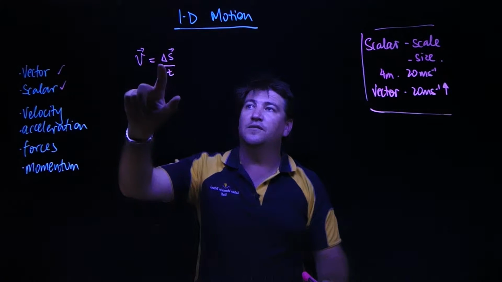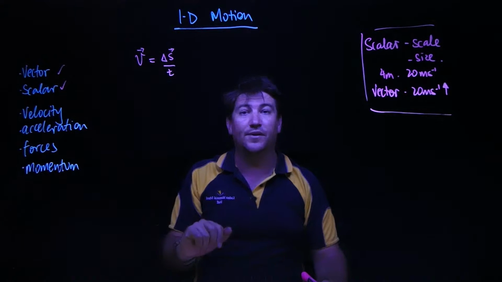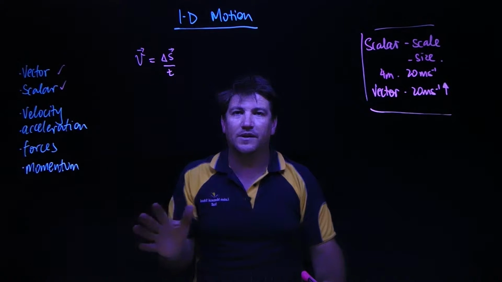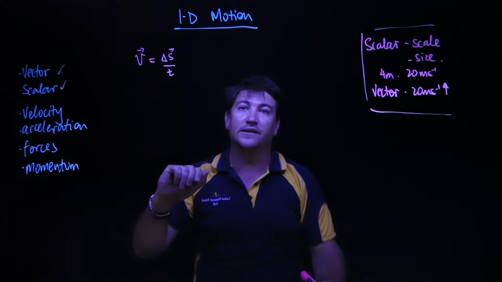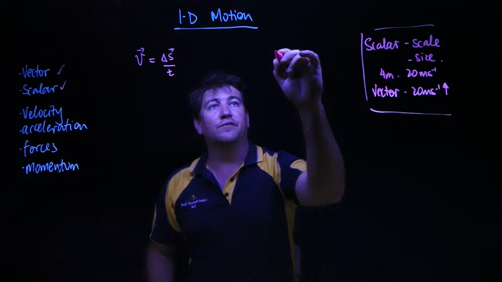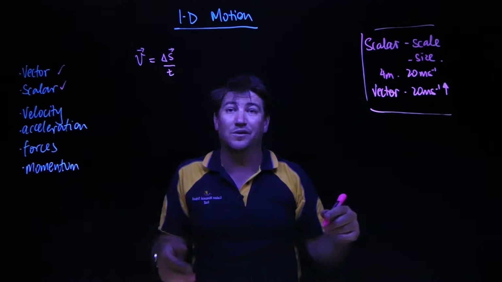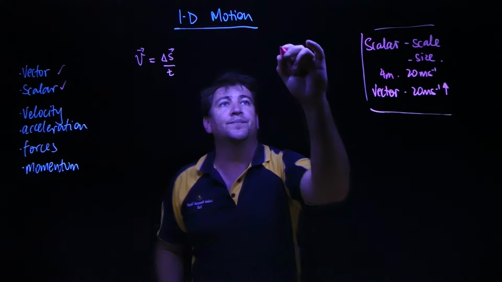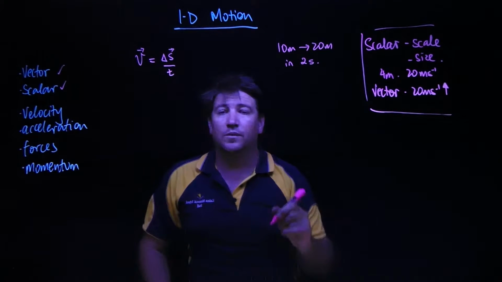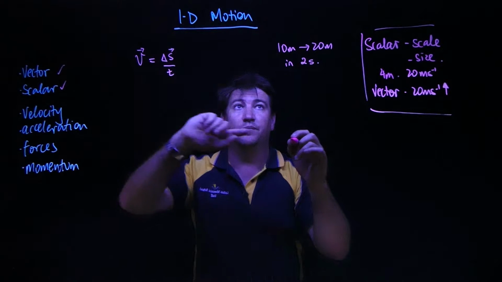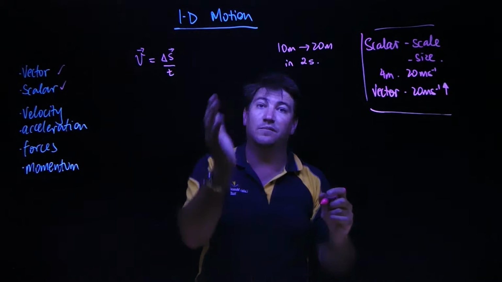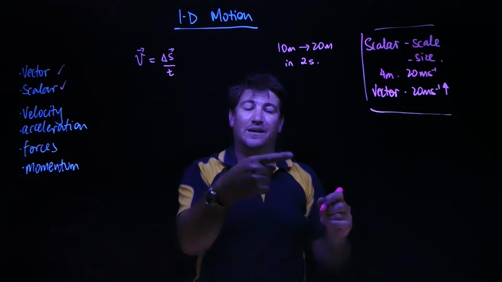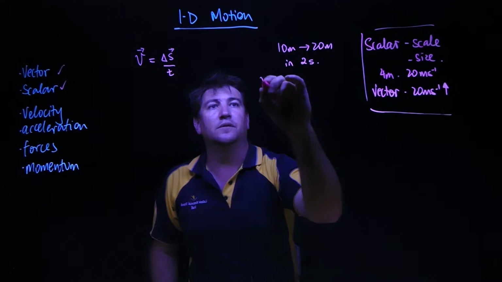The displacement can be negative or positive, and we indicate which one just by the direction of the vector. So if you've gone from 10 meters to 20 meters and it took you 2 seconds, well, we can work that out. 10 meters is positive, 20 meters is more positive, so you've gone that way in 2 seconds.